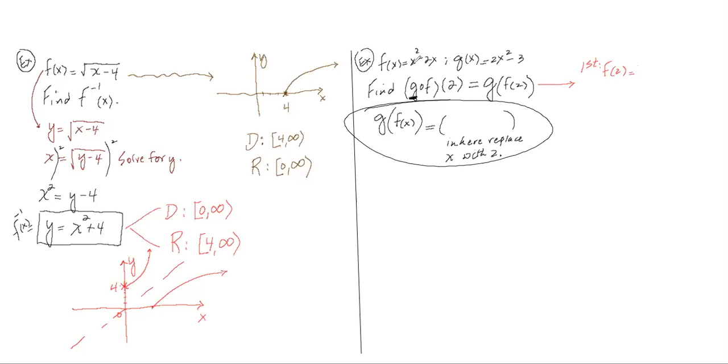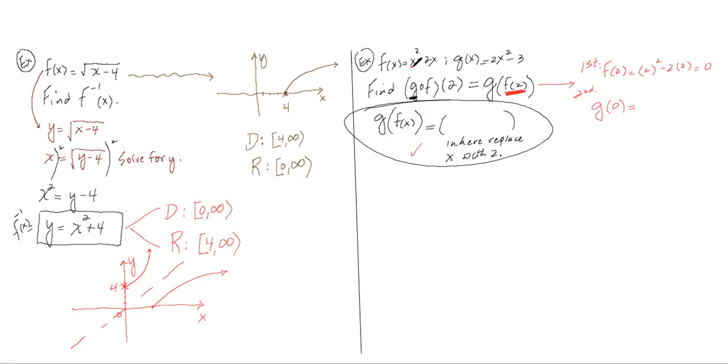So we'll go ahead and put 2 in here. 2 squared minus 2 times 2, and that equals 0. So then second, I'll do g of 0. It's a little easier than going through that step. Do what that inner function is asking you to do, which is f of 2.